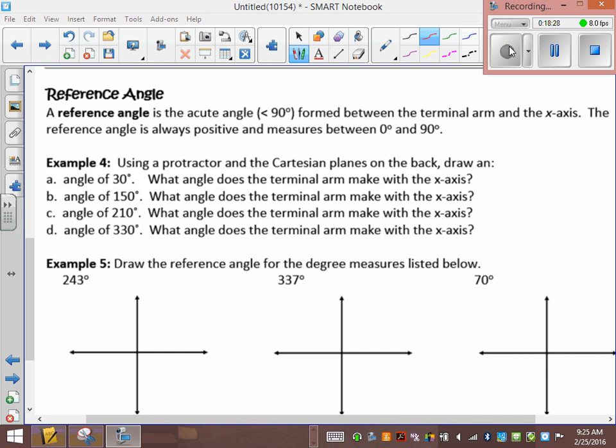So a reference angle is the acute angle, a little one, less than 90, formed between the terminal arm and the x-axis. So wherever your terminal arm is and the x-axis is.